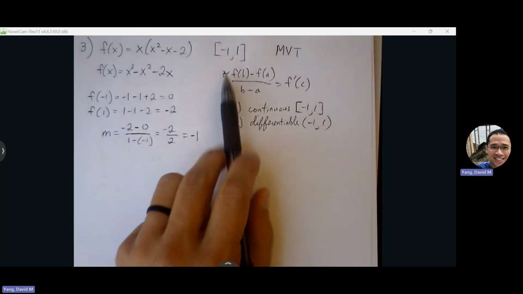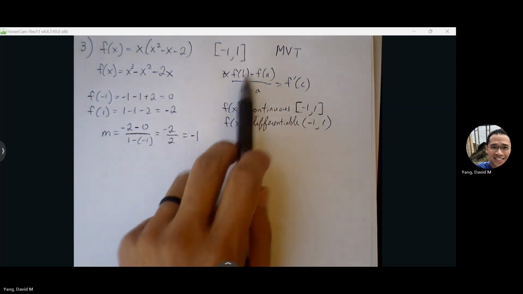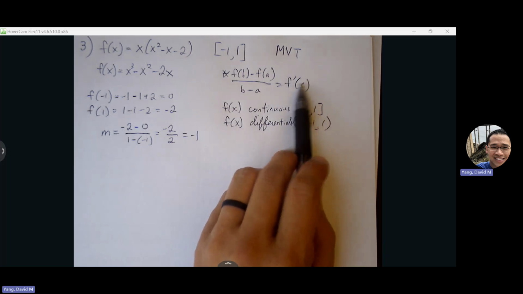There's our slope target. Now we can focus our attention on building our derivative.